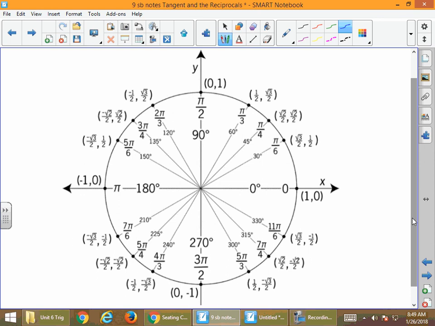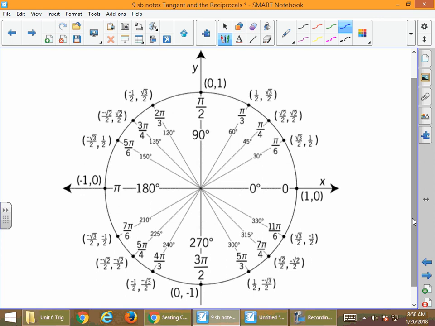Once again, what I want to stress is that if you know the first quadrant of tangent, then the only thing that changes in terms of the values is whether the value for tangent is going to be positive or negative. That's the only thing that changes if you look at the unit circle patterns.